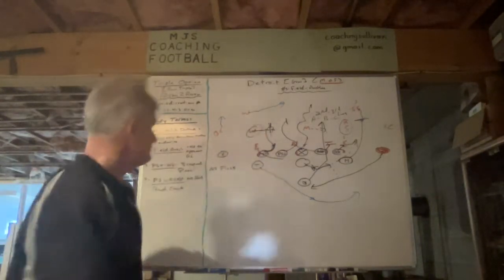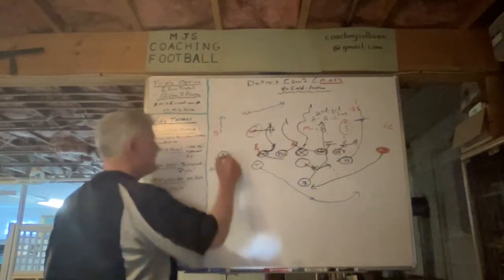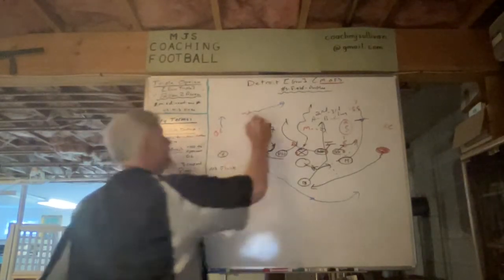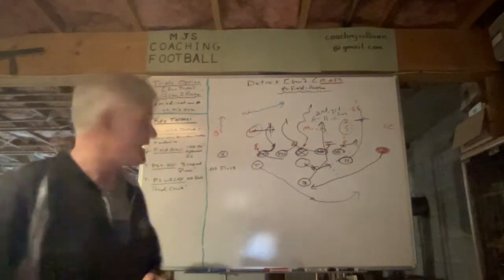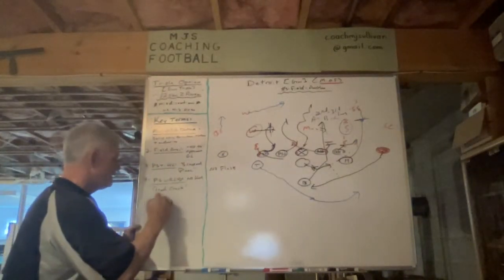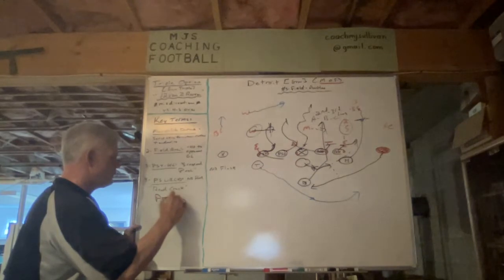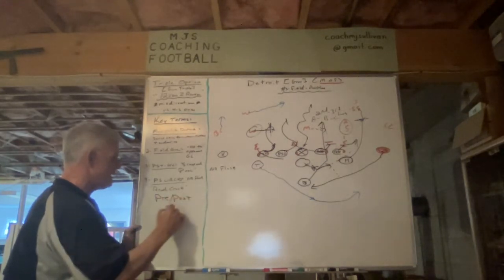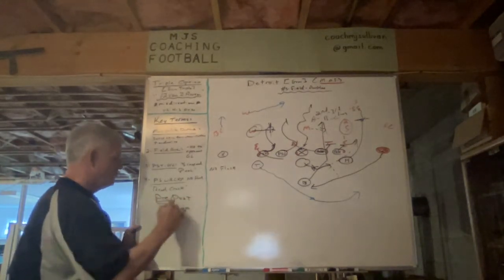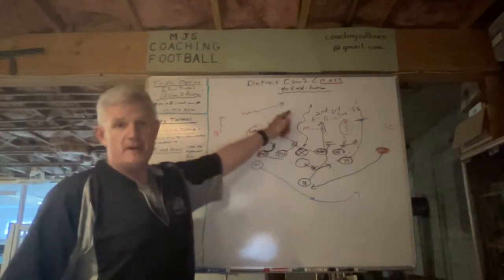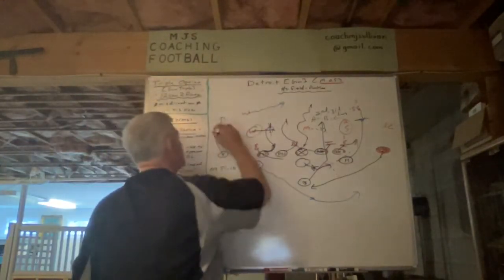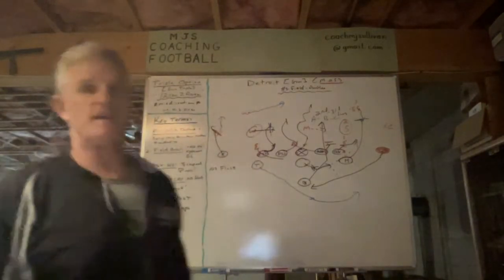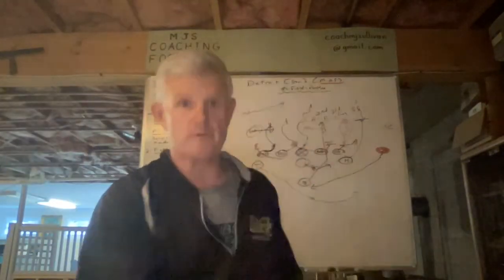Okay? And then last and certainly not least, the X. He sees that rotation. That's the read crack. The read crack is both pre or post snap. So if they manipulate the secondary, it's a pre-snap read and the ball snapped, he's going to stalk it outside leverage for the reverse.